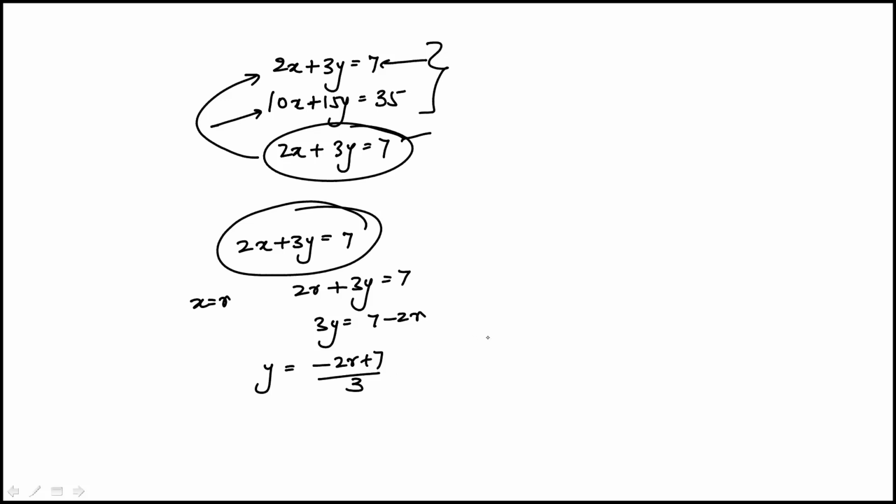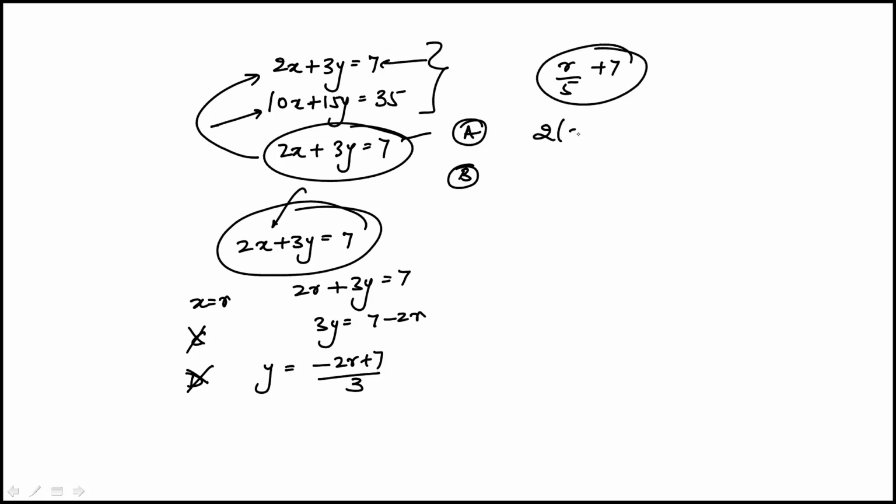So we know that it's not C or D, so it's between A and B, and it's r over 5 plus 7. What I can do is take the first one, that's the x value, plug it in, and compute the y value algebraically.